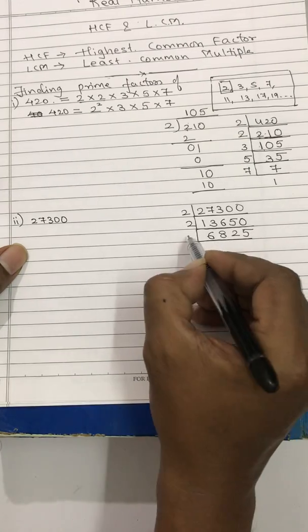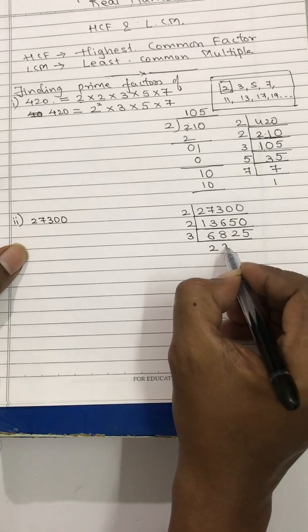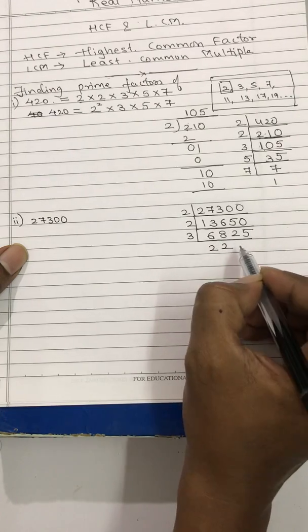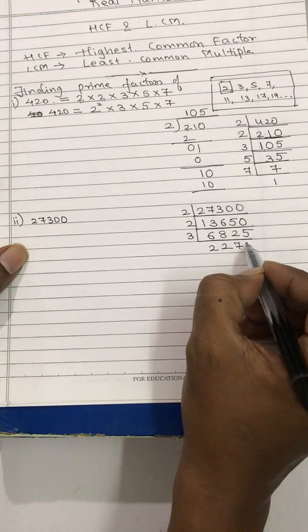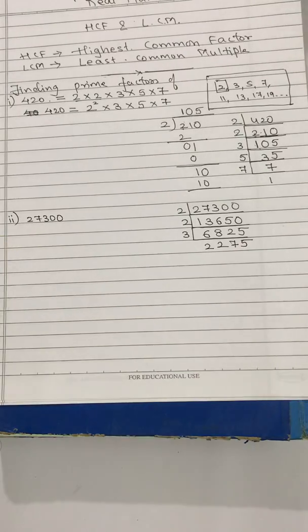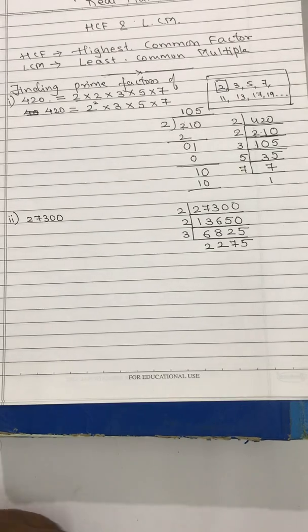So definitely this also will be divisible by 3. So I go for the division. 3 2s are 6, 8 remains, 3 2s are 6, 2 remains, 3 7s are 21, 1 remains, 3 5s are 15. I hope you all understand this. If you really don't understand this, then you can let me know, and then I'll try to explain this division in a better way.